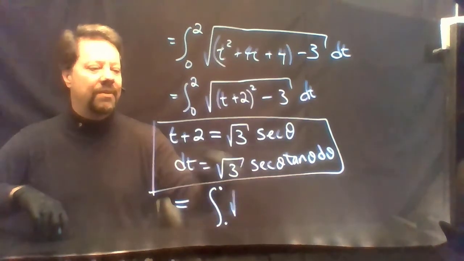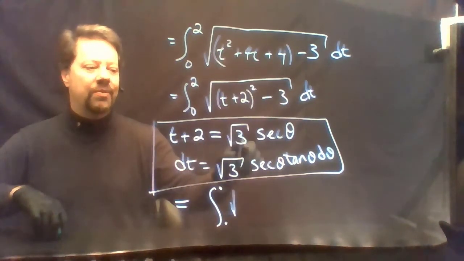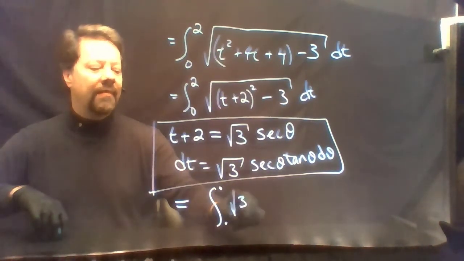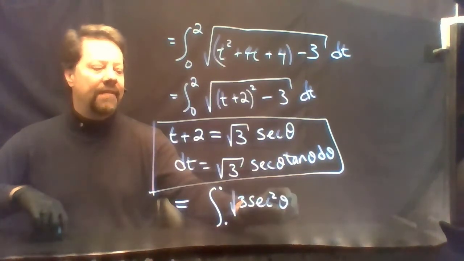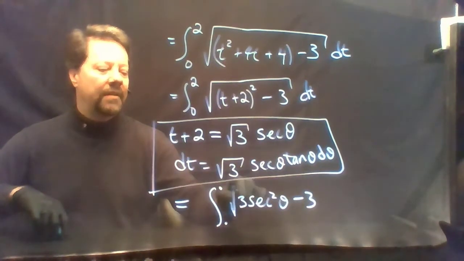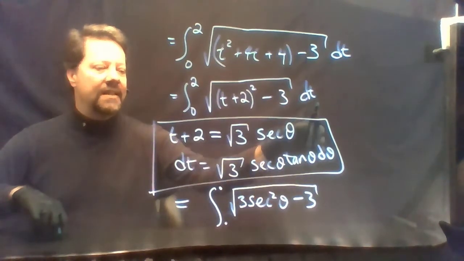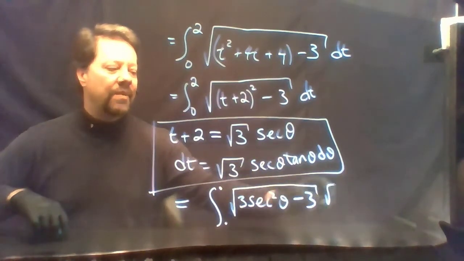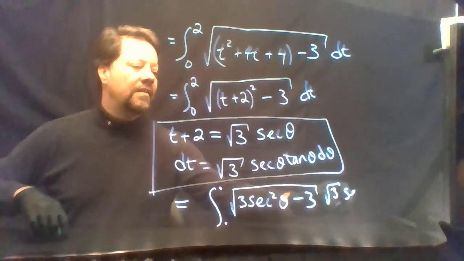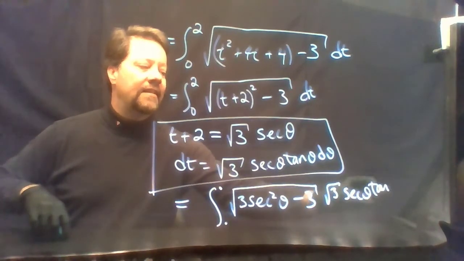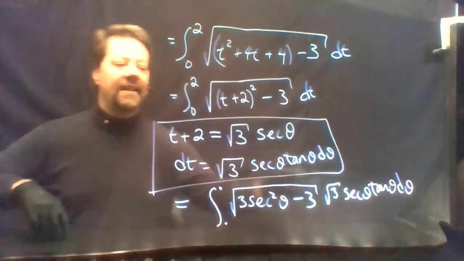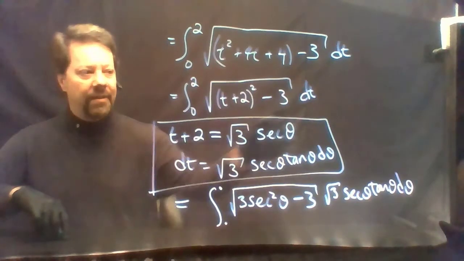We'll have the square root of t plus 2 squared will be 3 secant squared theta minus 3, and dt is replaced by the square root of 3 secant theta tangent theta d theta. Don't be messing with my notation.